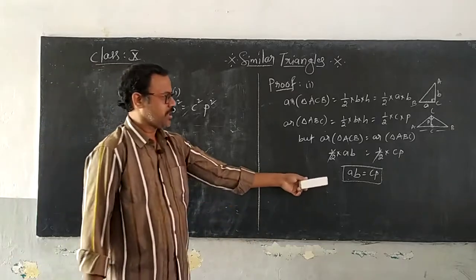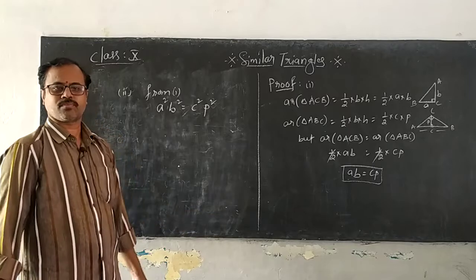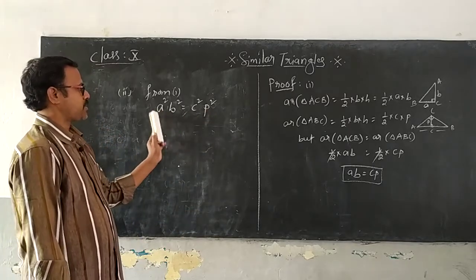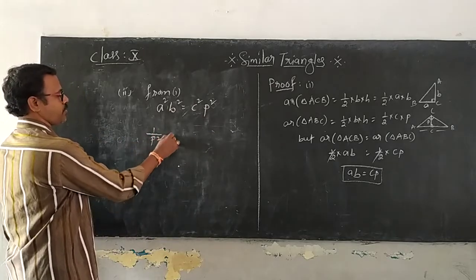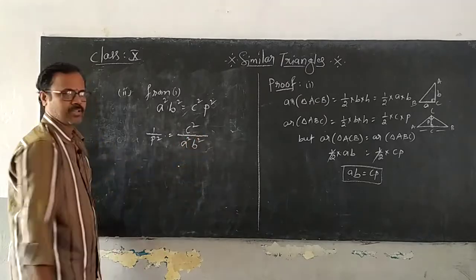Now this p square is transposed to this side and a square b square is transposed to the other side, so 1 by p square is equal to c square by a square b square.